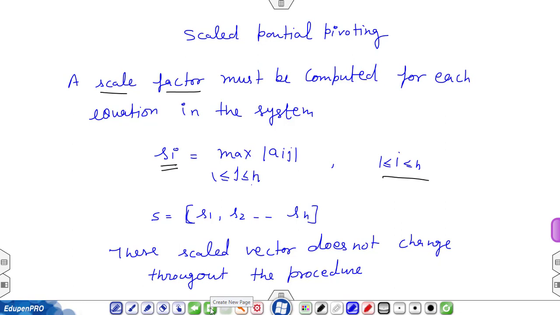After getting these scale factors, we find the ratios for the first column, and then we apply partial pivoting. For applying partial pivoting, we choose a pivotal row.